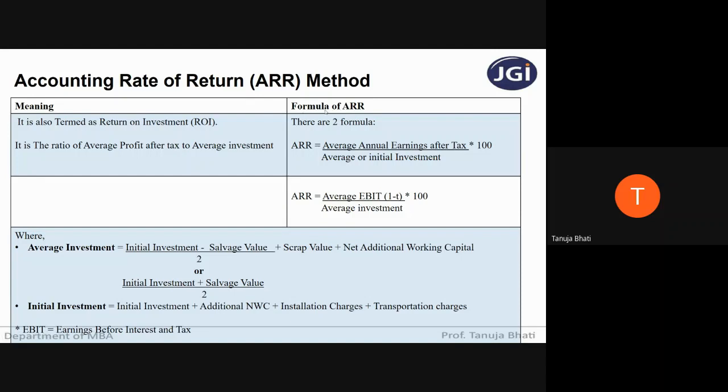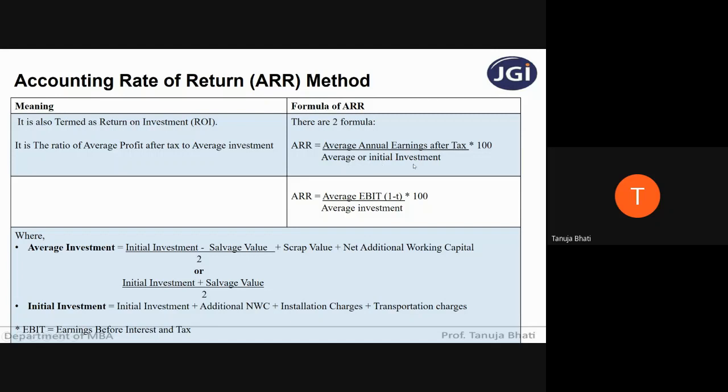Now, what is the formula to calculate ARR? There are basically two formulas to calculate ARR, that is, accounting rate of return. First formula is average annual earnings after tax divided by average or initial investment.